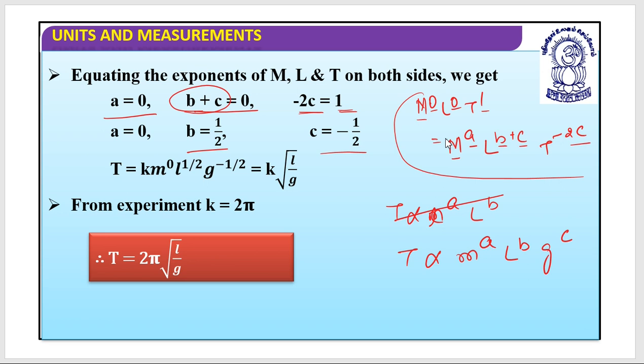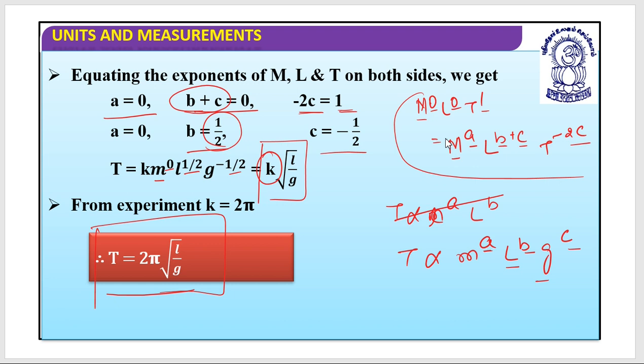So power a is 0, so m to the power 0, l to the power b, b is having a value of half, so it is 1 by 2, and g to the power c, it is having a value of minus half. So I can write it like this: t is equal to k under root of l by g. From experiment we know that k is equal to 2 pi, so t is equal to 2 pi under root l by g.